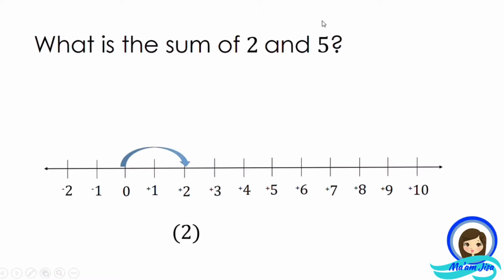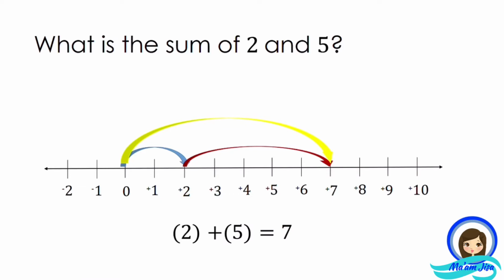To represent the second addend, which is 5, we draw another arrow from positive 2, moving on with 5 units still going to the right. To represent the sum, we draw a third arrow from 0 towards the end of the second arrow. Therefore, 2 plus 5 is equal to 7.